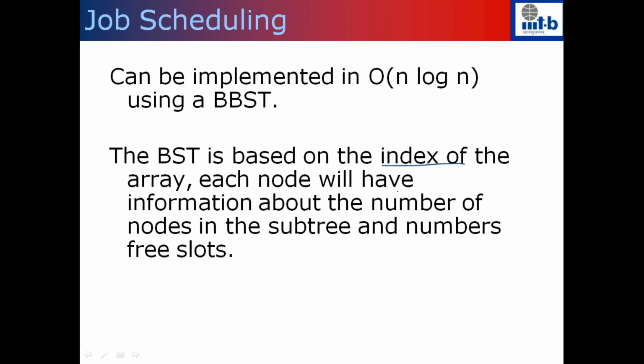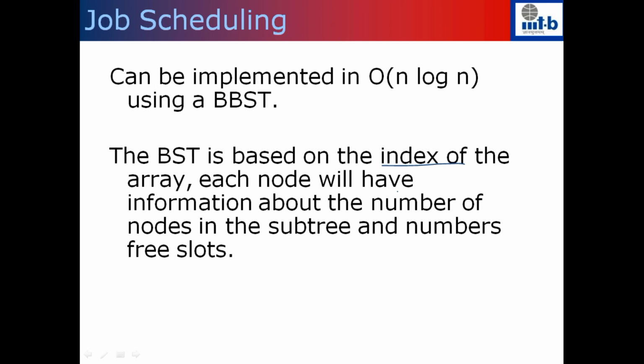That means that given an I, I want to go back and get the first index which is 0. This query, using the binary search tree, can be answered in log of n. So the total complexity of this algorithm will be n log n for sorting plus n into each query, whether the job can be scheduled or not, and if at all it has to be scheduled, when to schedule it, can be answered in log n using the binary search tree that I just described.